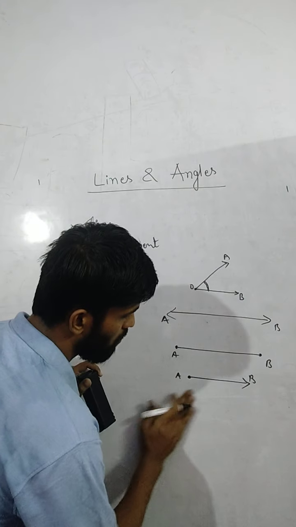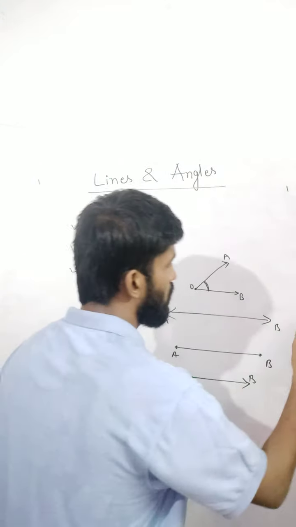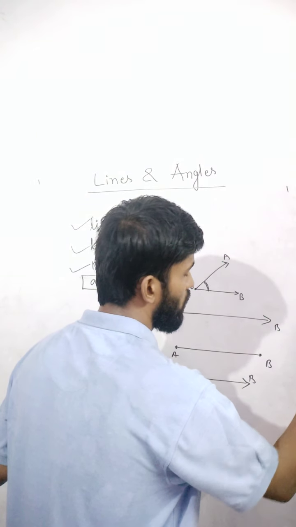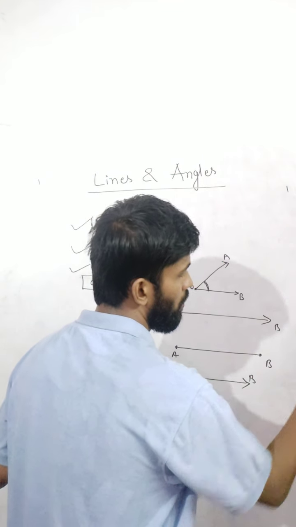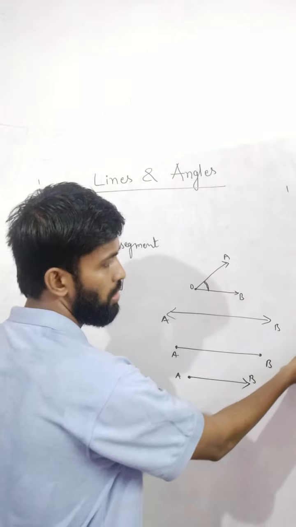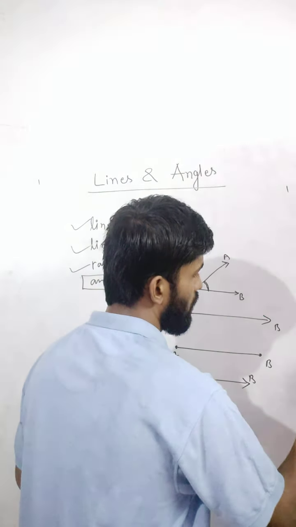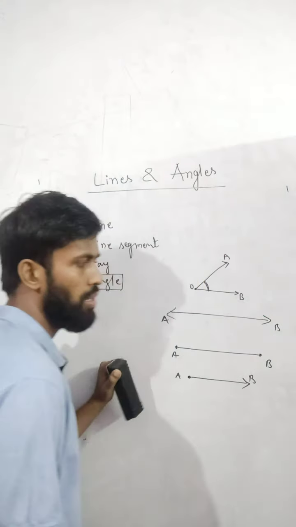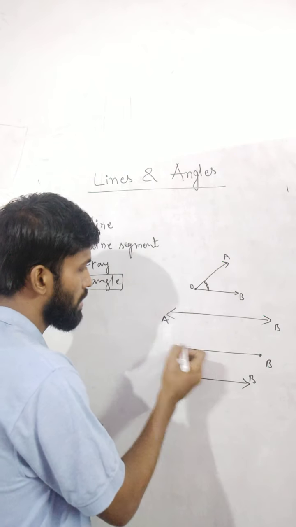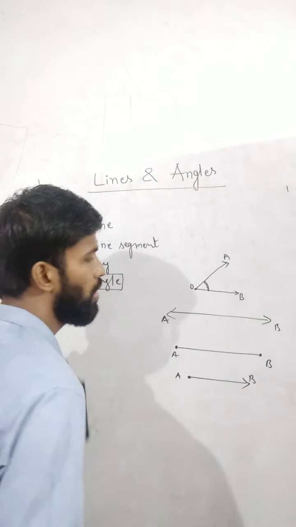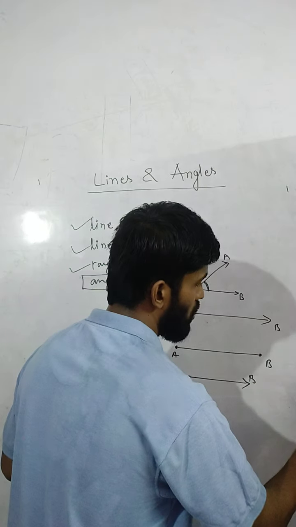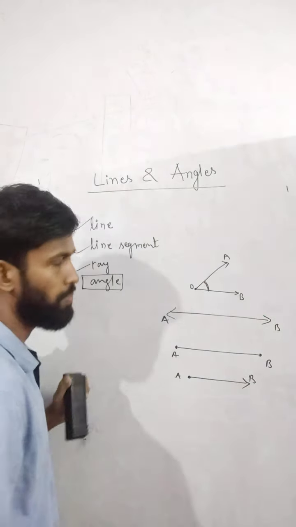This is represented as line AB. It can be extended in both directions. This is line segment AB. We do not necessarily need to mention the endpoints, that is enough. And this is the representation of ray AB.